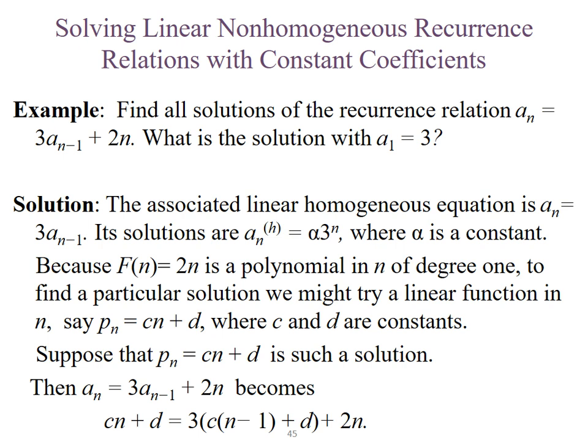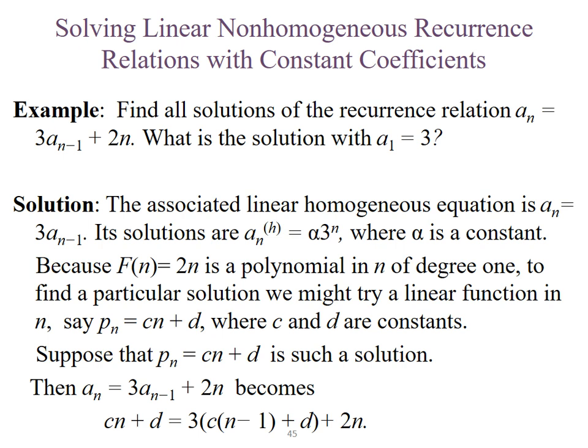Let's consider the particular solution, because we have the second part f(n) = 2n. It's a polynomial function of n where the degree is 1. If we have a polynomial function with the leading term of degree 1, then we can write its general form as cn + d, a polynomial with the leading term n to the power of 1 and a constant term.